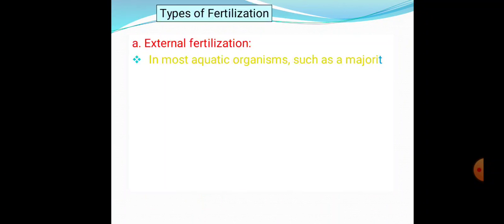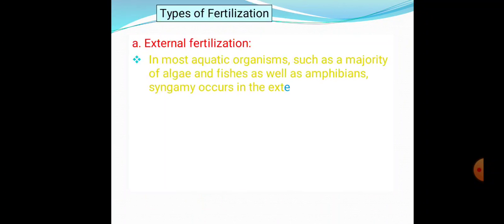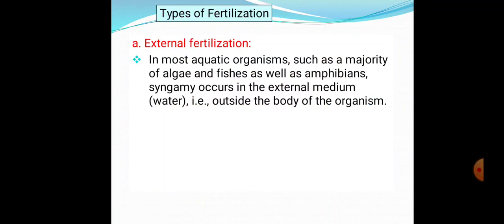Let us see types of fertilization. We can classify fertilization into two types, that is external fertilization and internal fertilization. Let me tell you what is external fertilization. In most aquatic organisms, such as a majority of algae and fishes as well as amphibians, syngamy occurs in the external medium, usually in the water, that is outside the body of the organism.